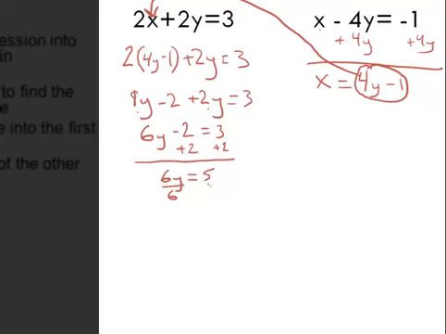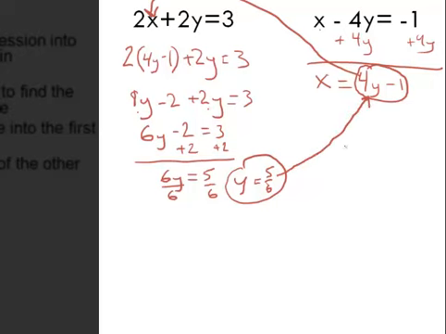That's starting to scare me a little bit. Maybe this example doesn't have nice numbers. I have a fraction, 5/6 for our y value. And if we continue, step 4 is to take this number and substitute it back in over here for y.